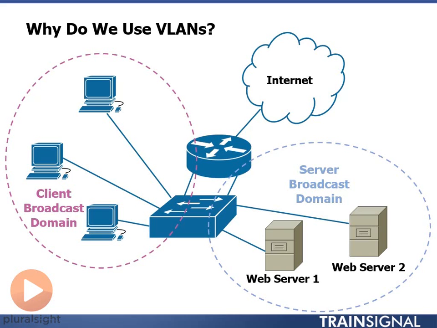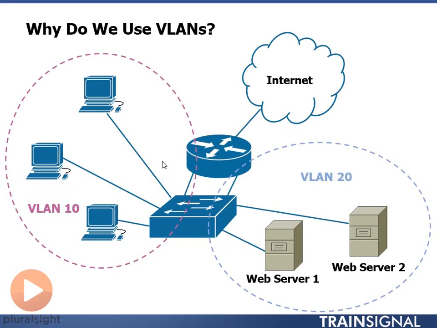So if we only have this network with 1, 2, 3, 4, 5 devices and a router in the middle, what we really need here is 1, 2, 3, 4, 5, 6, 7 switch ports to accommodate this network. I could buy two 24 port switches at $5,000 to $8,000 a piece, or I could buy one switch at $5,000 to $8,000.